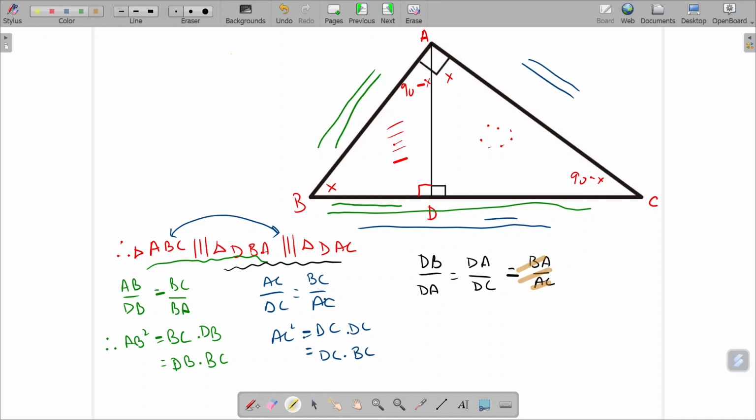In the pairing that I've just described, I'm going to get that DB times DC equals DA squared, and this is called the mean proportional for right-angled triangles.